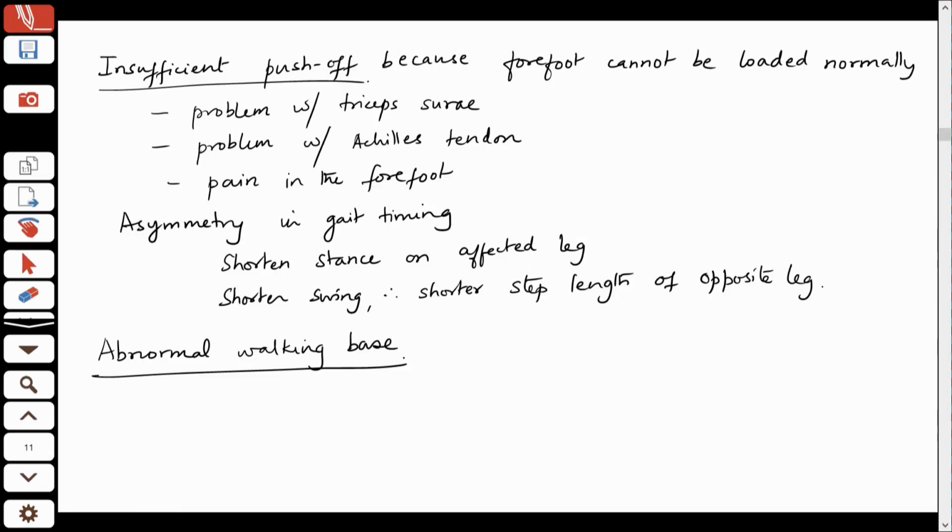This could be because, if you look at the knee in the frontal plane, at the hip, you could have what is known as a valgus knee.